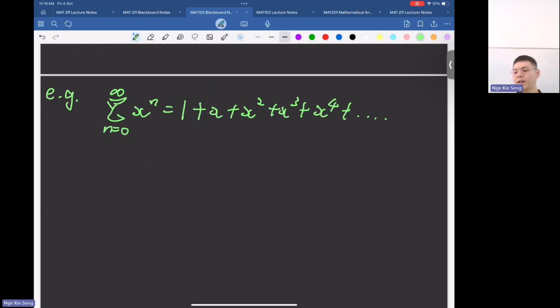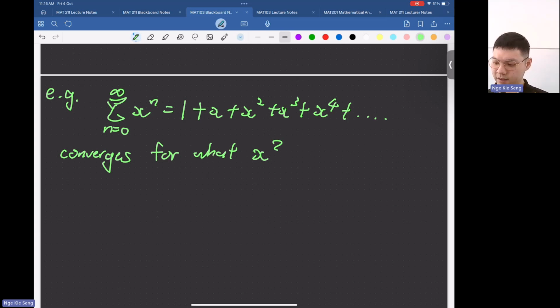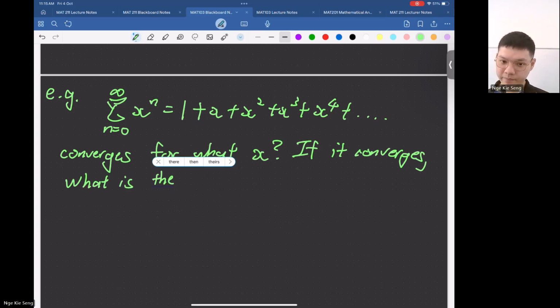We can ask when this series converges. For what x does it converge? And if it converges, what is the sum?